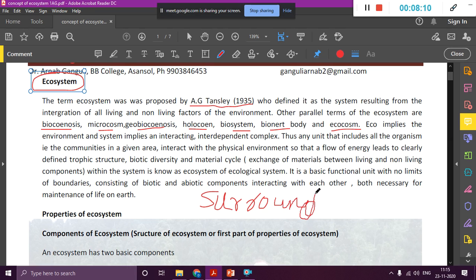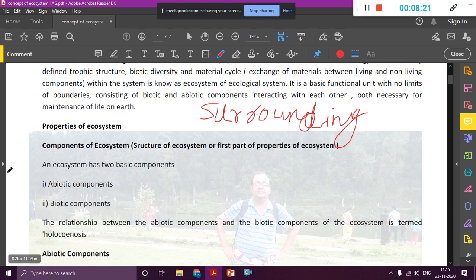Surroundings. System means surrounding. So your ecosystem means surrounding. What do you have in the surrounding? You have your abiotic components like temperature, sunlight, wind, minerals.